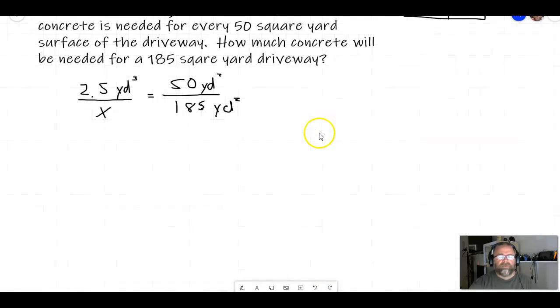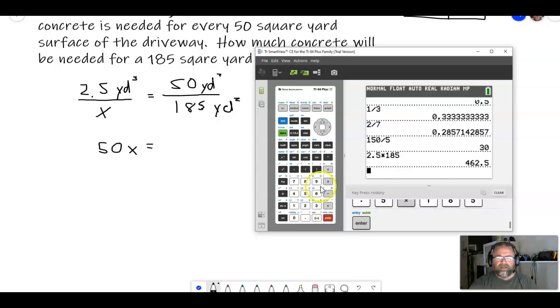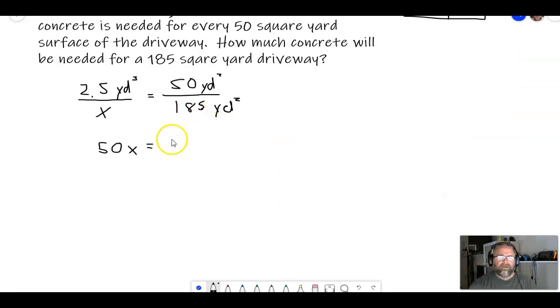All right, so this is how we can set it up, and then remember what we're going to do is cross multiply and divide. So x times 50, we can just write as 50x, which is equal to 2.5 times 185. We'll use our calculator for that. 2.5 times 185 is 462.5.